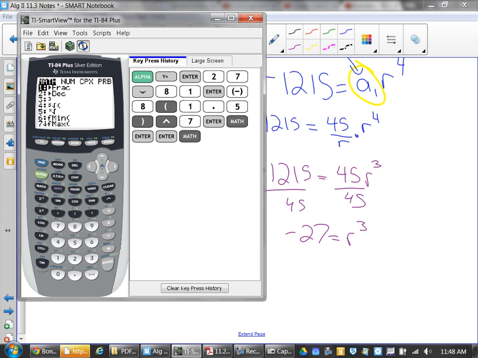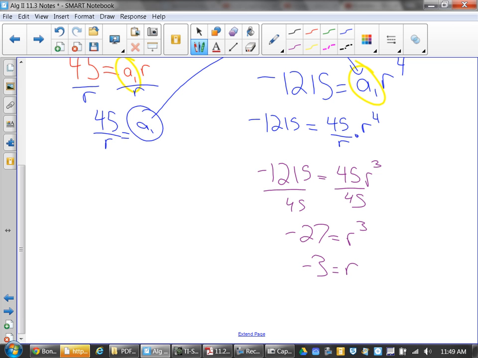If you need to find the cube roots, the cube root button is the 4th button. It pops up with the cube root, and you just have to type in negative 27. You should get negative 3. So that means my rate is negative 3.